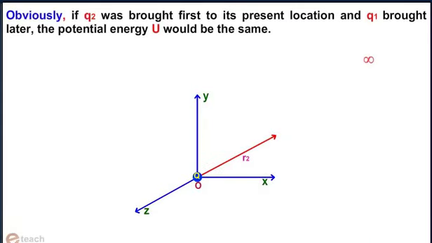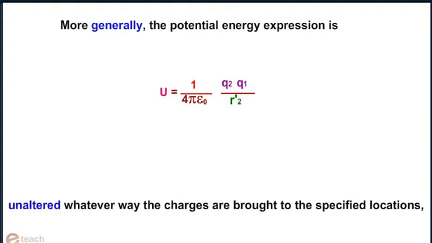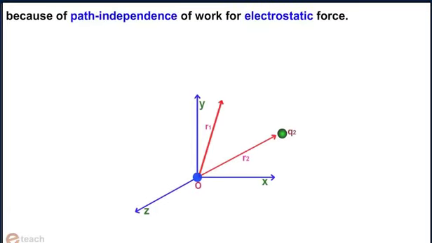Obviously, if q2 was brought first to its present location and q1 brought later, the potential energy U would be the same. More generally, the potential energy expression is U equals 1 by 4 pi epsilon naught q2 q1 by r'2, and it remains unaltered whatever way the charges are brought to the specified locations because of path independence of work for electrostatic force.